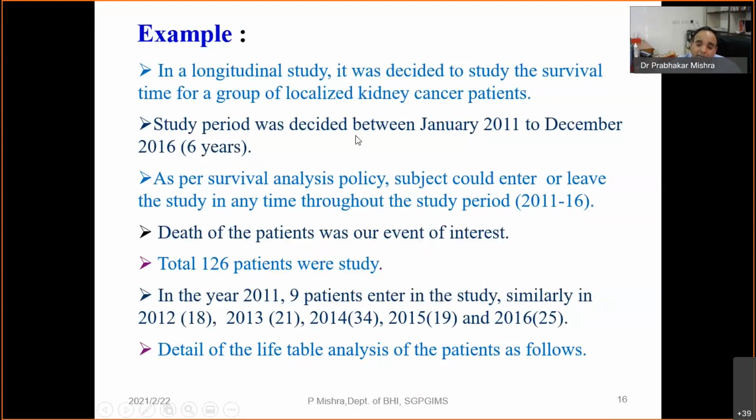The study period was decided between January 2011 to December 2016, meaning 6 years was the study duration. As per survival analysis policy, subjects could enter or leave the study any time throughout the study period. In survival analysis, we should not be confused that all patients will enter on day 1.